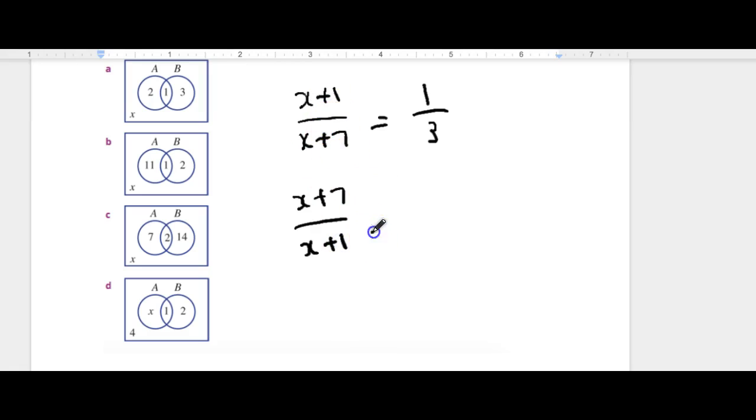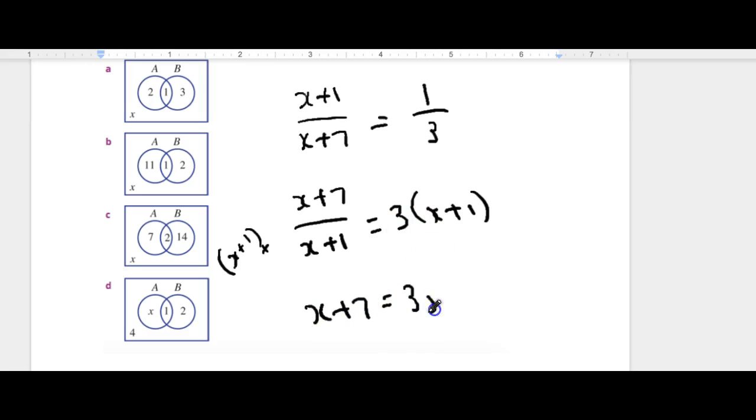I'm just going to flip the fractions just to get rid of that 1/3. So it's going to be just 3 now. If I multiply both sides by X plus 1, so I've got X plus 7, and then this is going to be 3X plus 3. And then I can just solve.